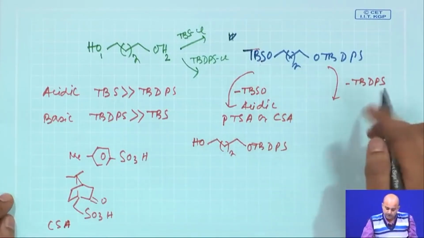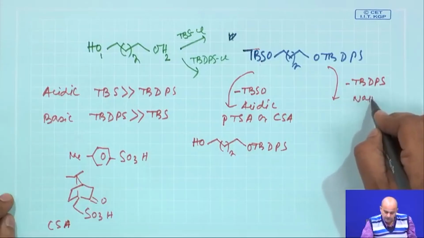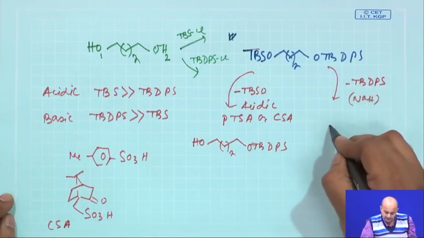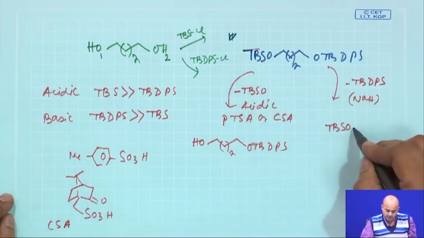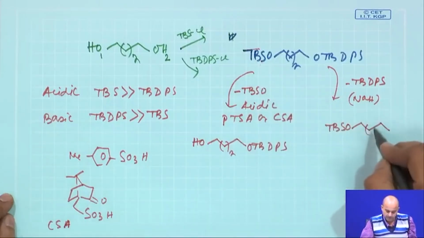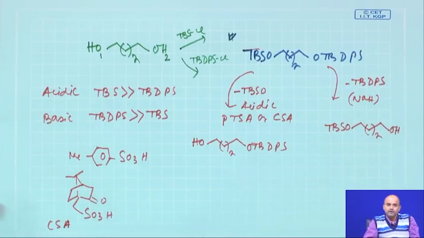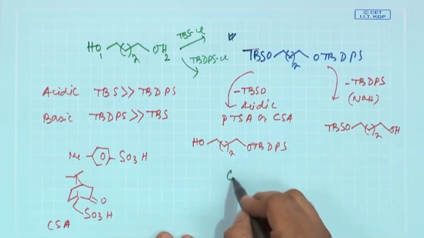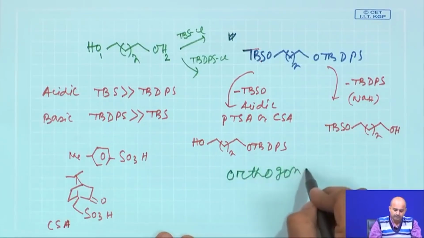Here you can remove this TBDPS by simply treating with sodium hydride, which is a base, and this condition will not touch the TBS part and will give you this OH. This is a very nice demonstration of orthogonality of these two protecting groups.